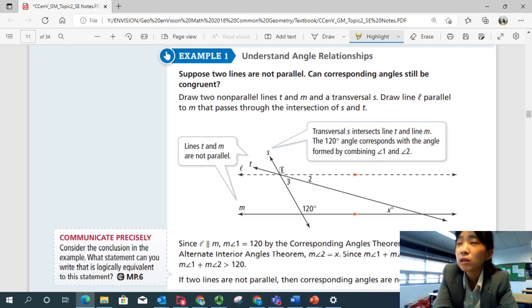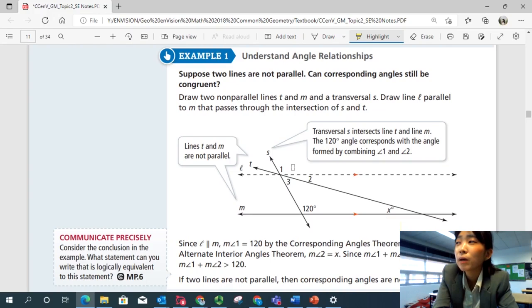The measure of angle 1 is 120 degrees by the corresponding angles theorem, right? By the alternate interior angles theorem, angle 2 is equal to x. We could say that these two angles are congruent, because if that's parallel and that's parallel, the transversal T has alternate interior angles that are congruent.